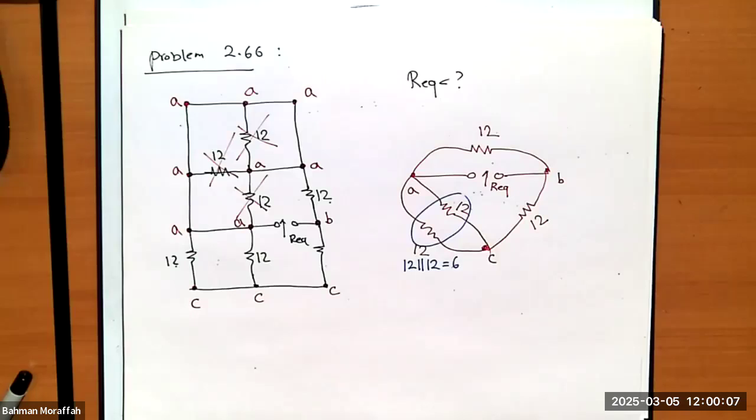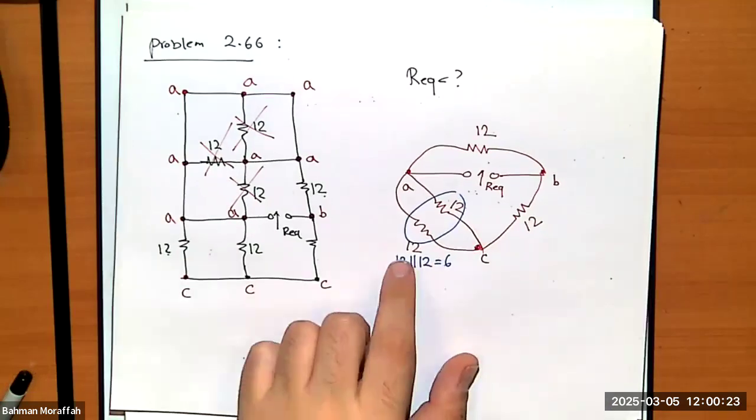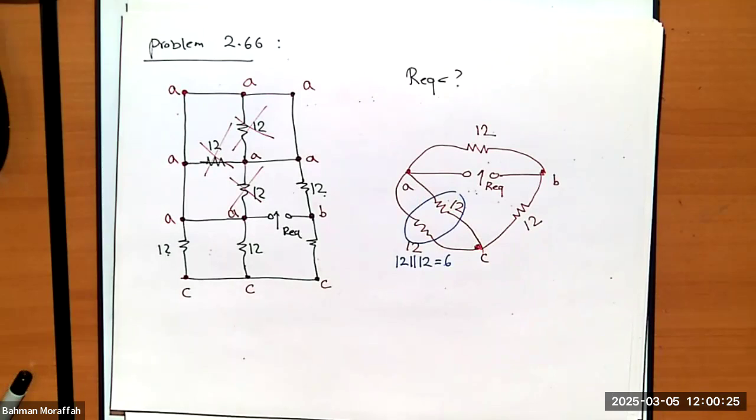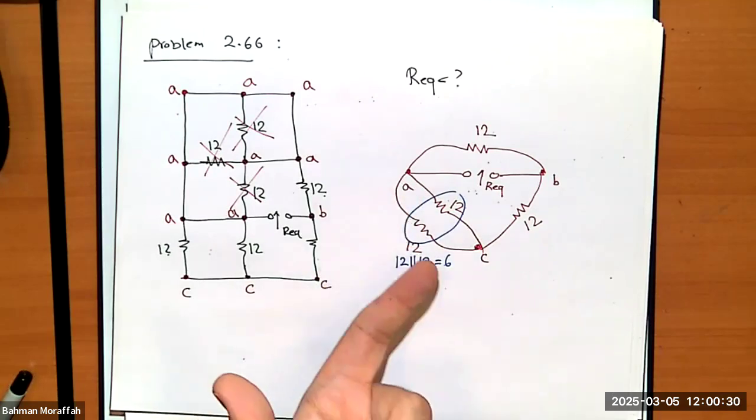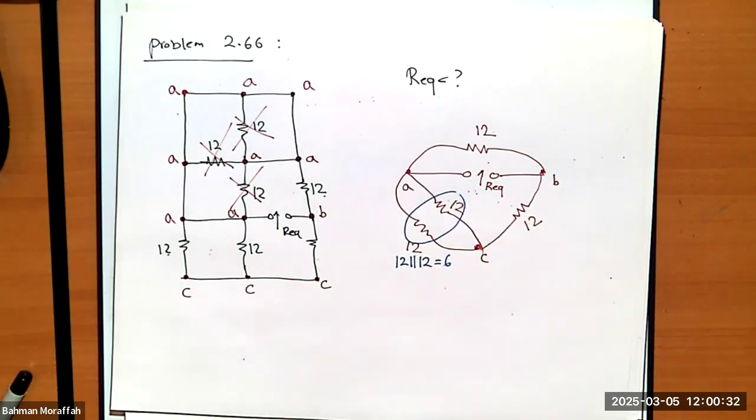And remember, if I have two things in parallel and replace them by their equivalent, it still goes between those two nodes. That's the definition of parallel. So I know the 6 still goes between A and C. If that's the case, what is the relationship between this 6 and this 12? They're in series, right?